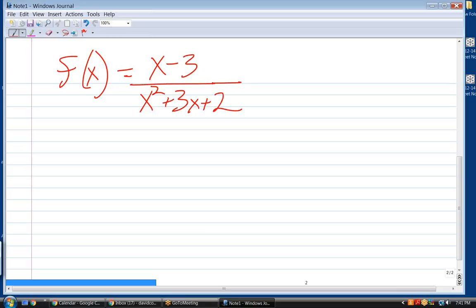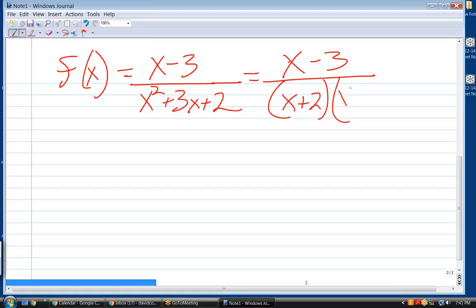Negative 2 and negative 1. In other words, you're going to factor the denominator into x plus 2 and x plus 1. And now you're going to say what?